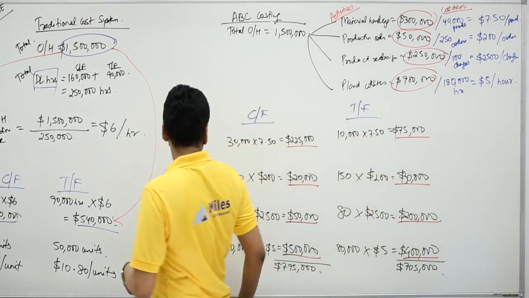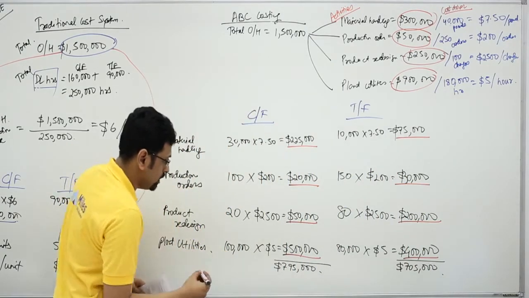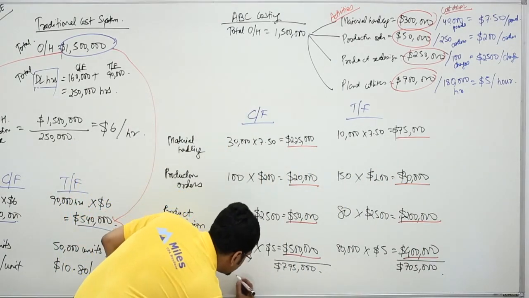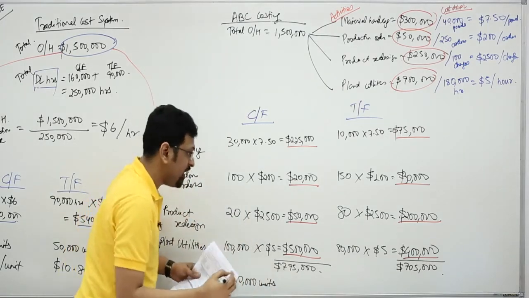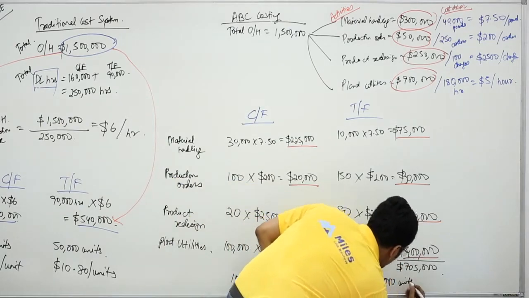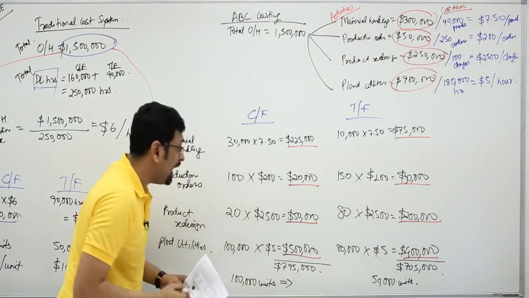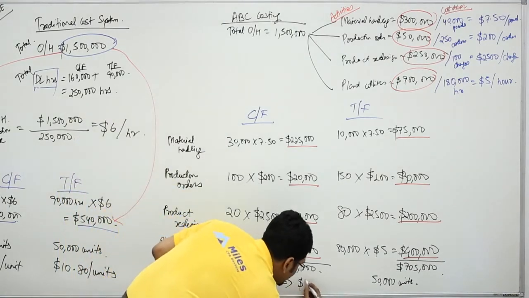Now, we saw that for ceiling fan, we had 100,000 units manufactured during the year, and for table fan, 50,000 units were manufactured. So the overhead allocation for every unit of ceiling fan is $7.95.